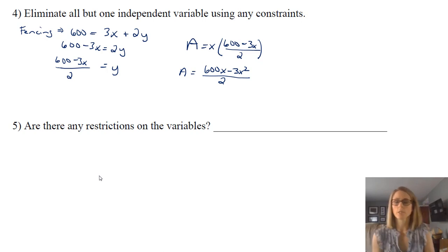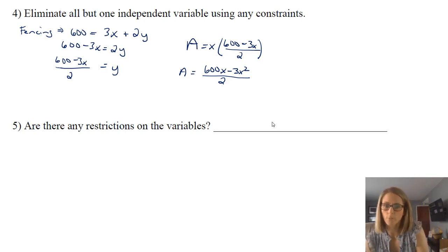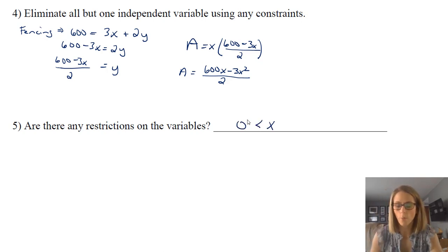So are there any restrictions on the variables? Typically, in a lot of the problems, not every single one of them, the values in this equation have to be positive, and so x has to be greater than 0. I don't focus so much on constraints, but you have to consider it.